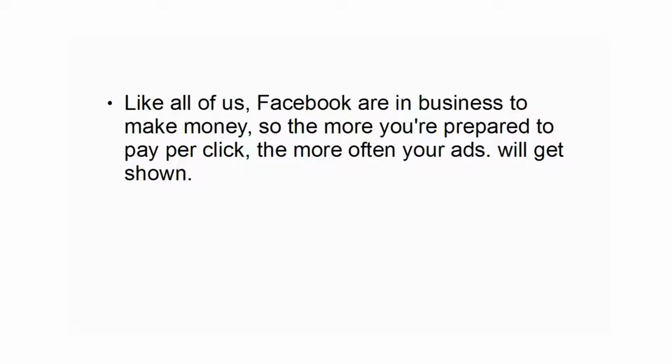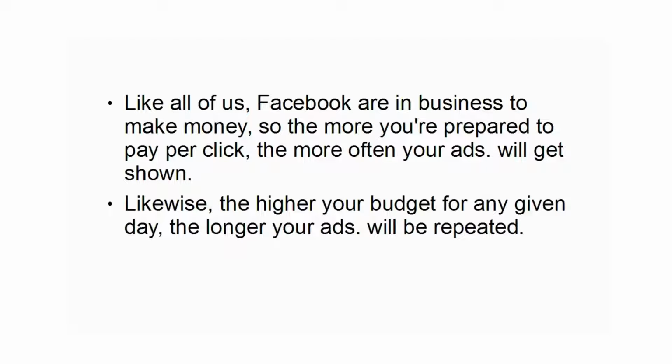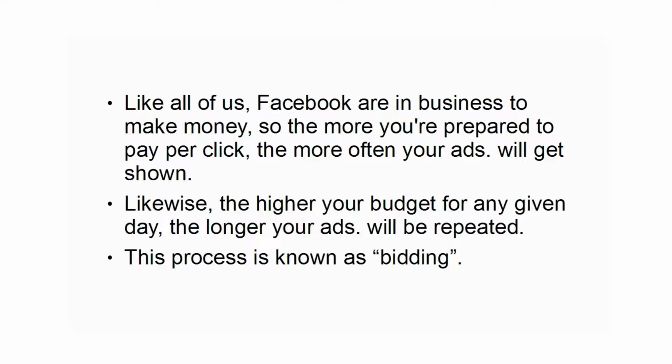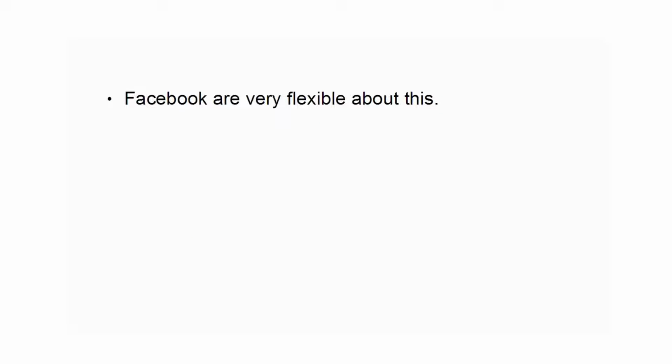Like most of us, Facebook are in business to make money. So the more you're prepared to pay per click, the more often your ads will get shown. Likewise, the higher your budget for any given day, the longer your ads will be repeated, and this process is known as bidding. And Facebook are very flexible about this.